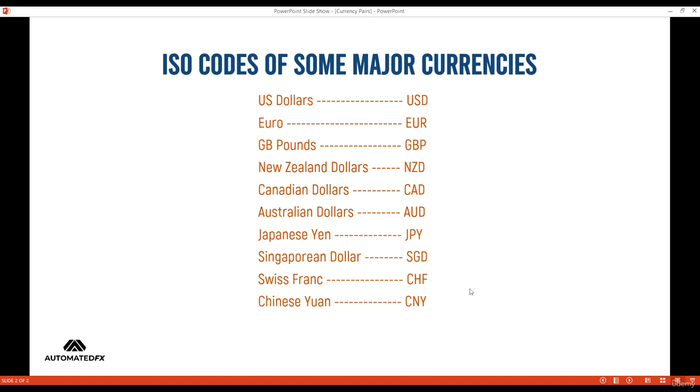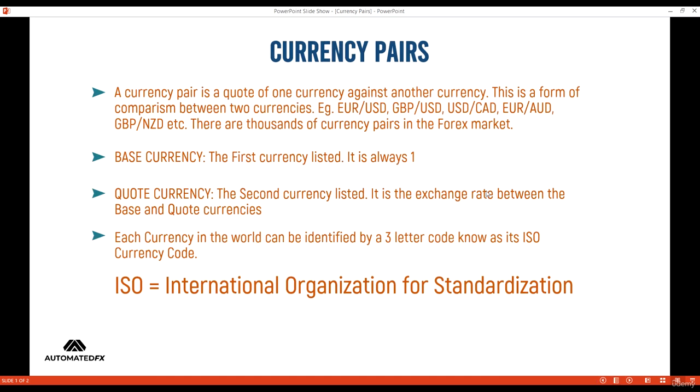You can just Google the ISO code of any currency you want, and you'll get it. It's online and very easy to access.